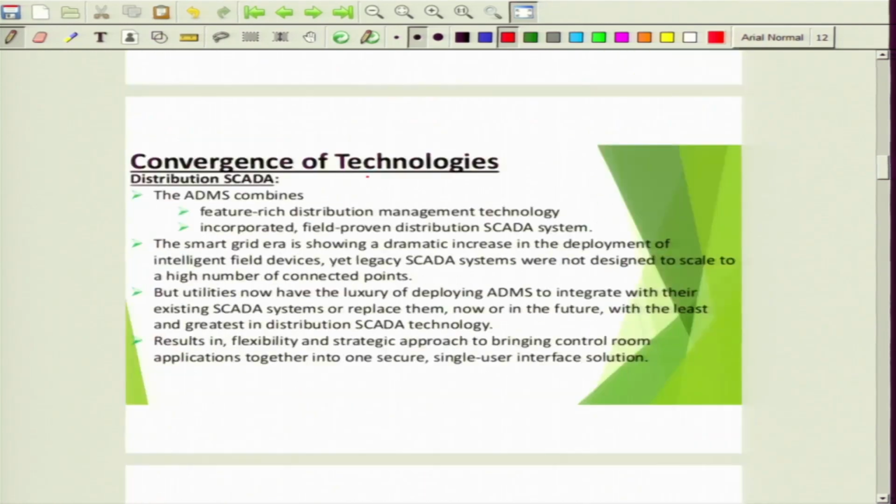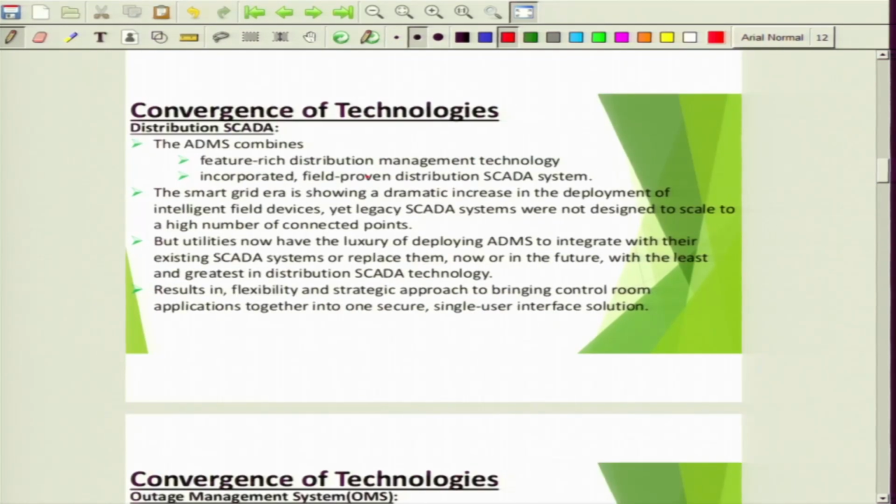So, convergence of technologies, distribution SCADA. The ADMS combines feature-rich distribution management technology, incorporating a field-proven distribution SCADA system. The smart grid era is showing a dramatic increase in the deployment of intelligent field devices, yet legacy SCADA systems were not designed to scale to a high number of connected points.